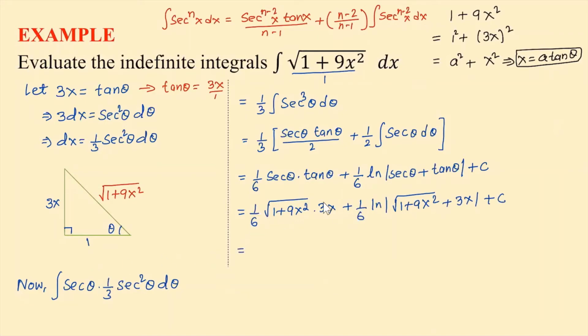Here we have 1/6 of 3x, which is the same as x over 2, x over 2 times the square root of 1 plus 9x squared, then plus 1/6 of the natural log of the absolute value of square root of 1 plus 9x squared plus 3x, plus c. So that should be the value of the indefinite integral given here.